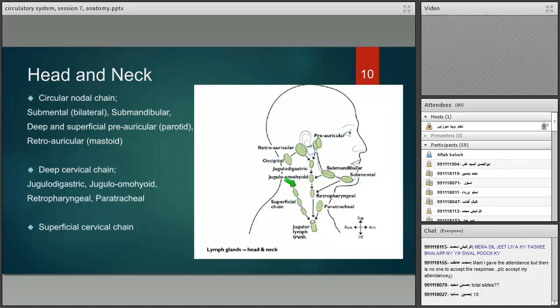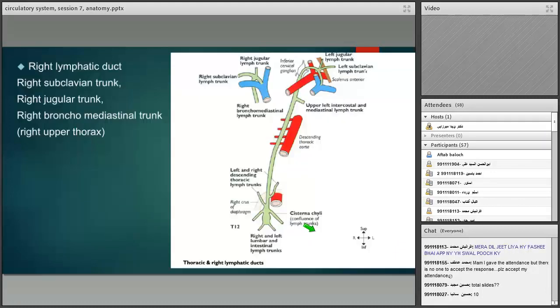All of these, from the superficial chain and also the deep chain, are draining the lymph into the jugular lymph trunk. And the jugular lymph trunk is draining the lymph to this part, attaching to the right subclavian lymph node on the right side and to the left one on the left side, and they both are draining the lymph into the venous system.